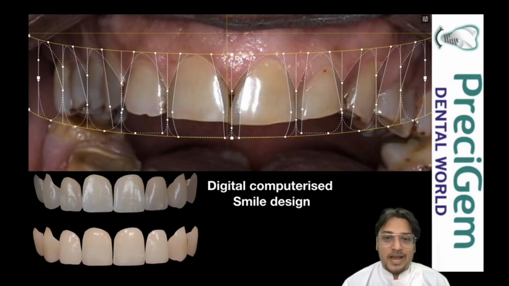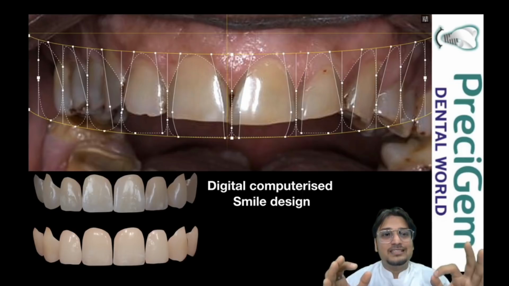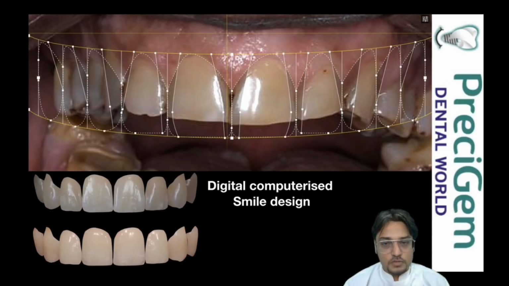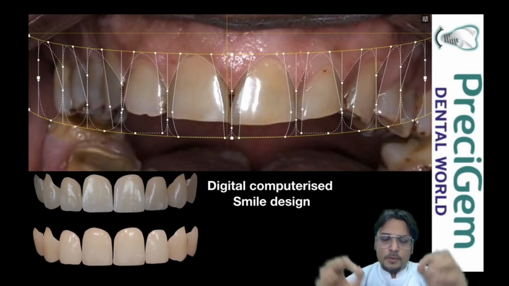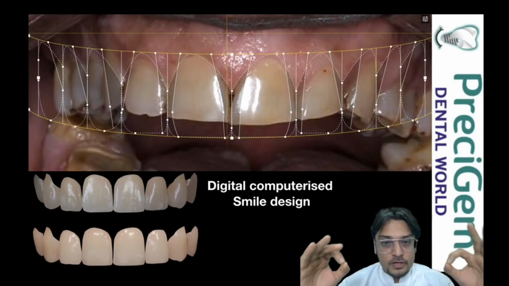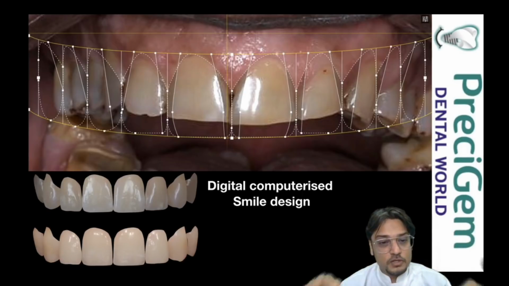It's not a blind procedure. This is a science where we calculate your teeth, as you see in the image above, with proper parameters, and we measure your teeth in the horizontal and vertical directions, and with the proper golden ratio your teeth are designed on the computer.